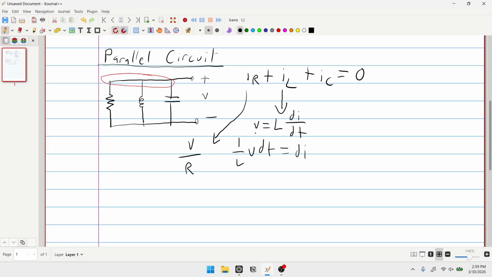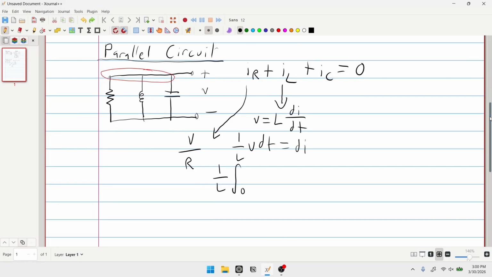And so if we integrate both sides, take out the L, 0 to t, V dt equals di. And this is from I initial to I of t.